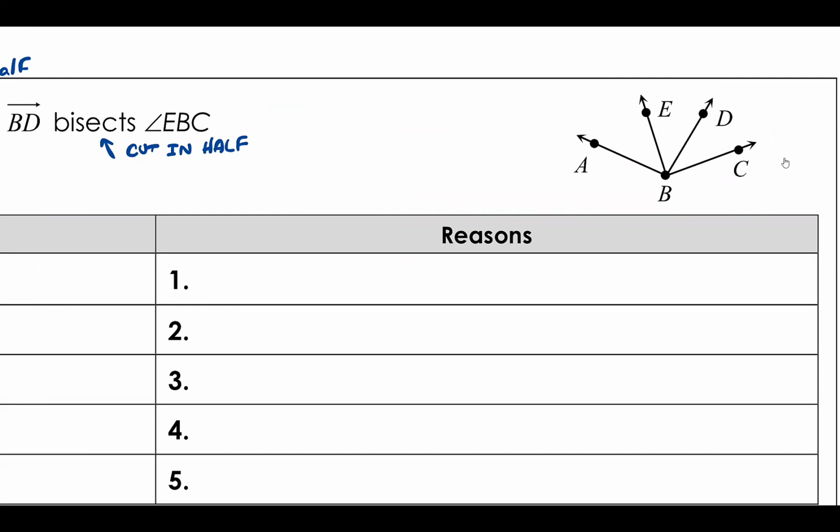So BE is bisecting ABD. So that's one hoop here, another hoop there. And BD bisects EBC. Now, do we know that those two are congruent yet? The blue, the single hoop. So we don't know yet, so we're going to go double hoop.